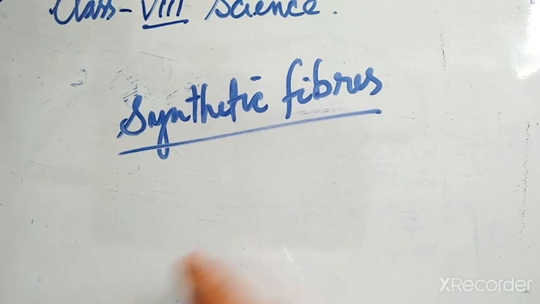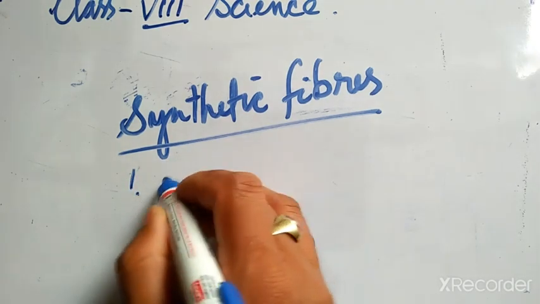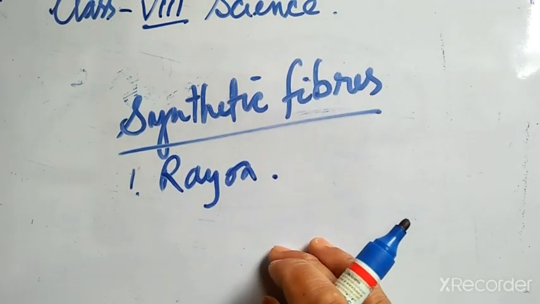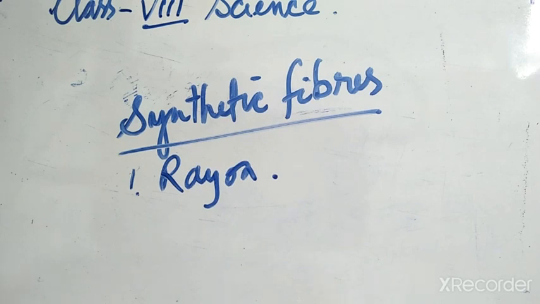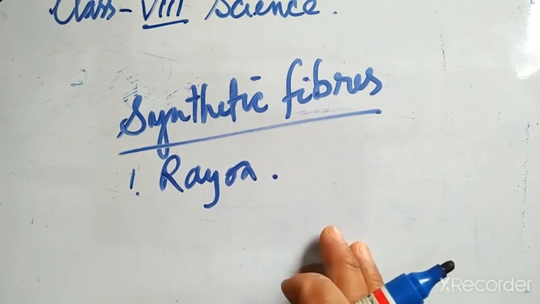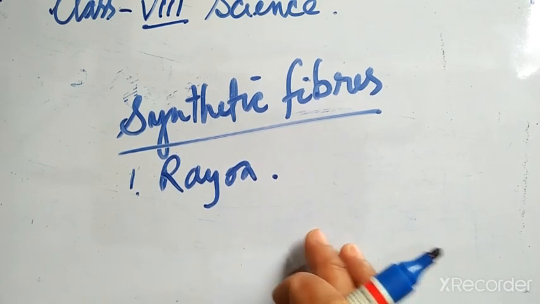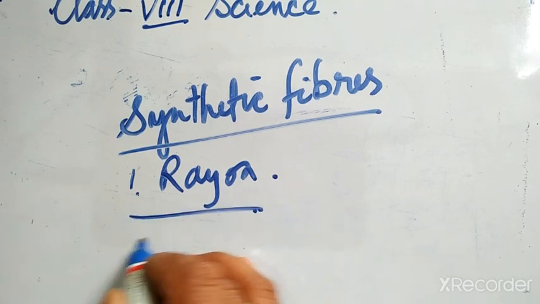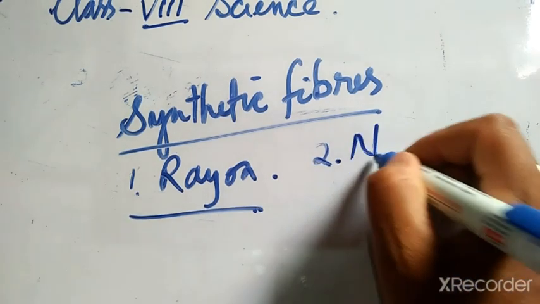The first may be, say, rayon. It can be mixed with cotton to make bed sheets, or mixed with wool to make carpets like that.